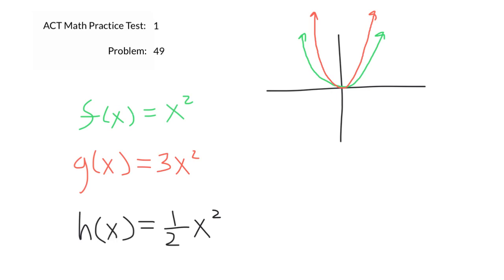So this would give the appearance of smushing the green parabola down like that, where once again, let's focus on the parent function. Imagine this point right here. Well, it used to have a y coordinate of a certain amount, that height, but now that height has been diminished by half. Okay, so now the height of this point right here is half of what it used to be. So basically, it's smushing the parabola down.